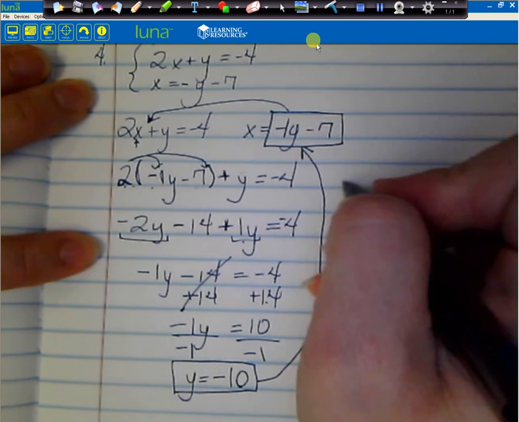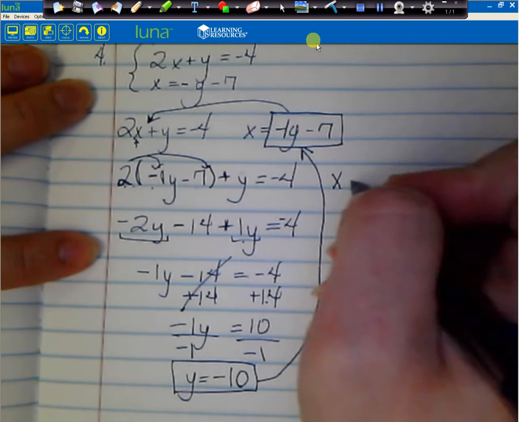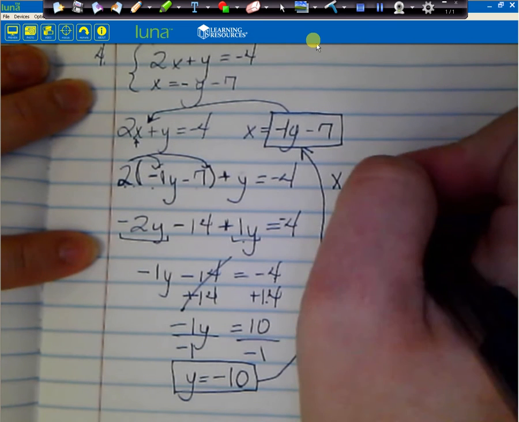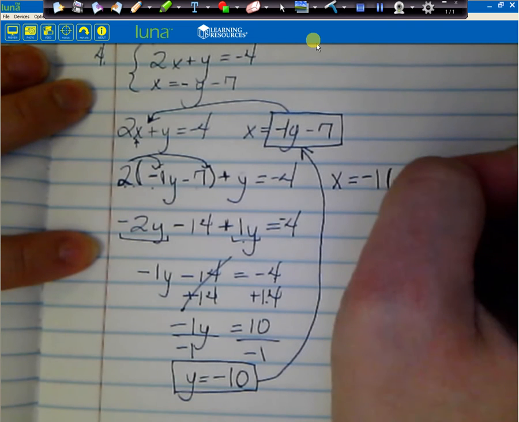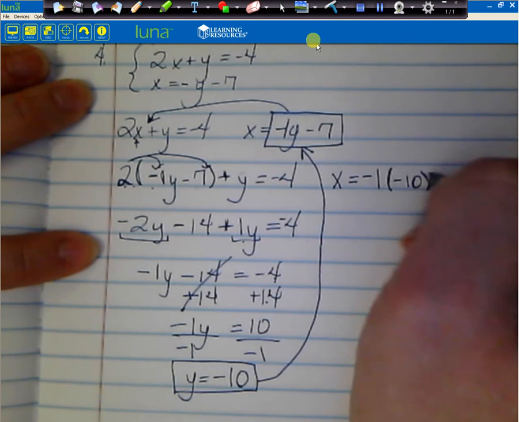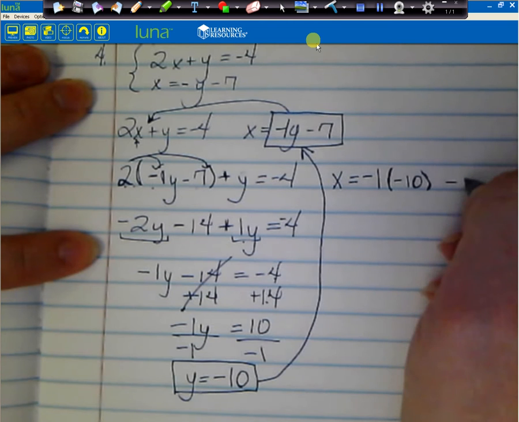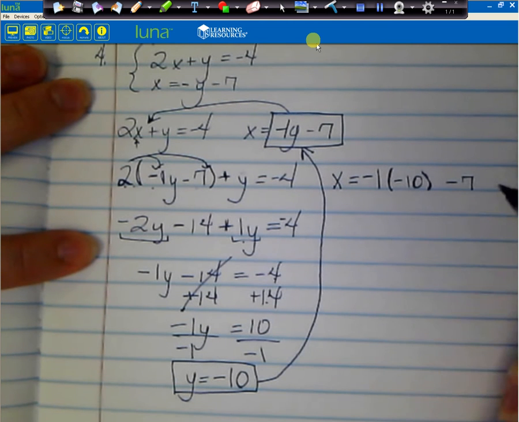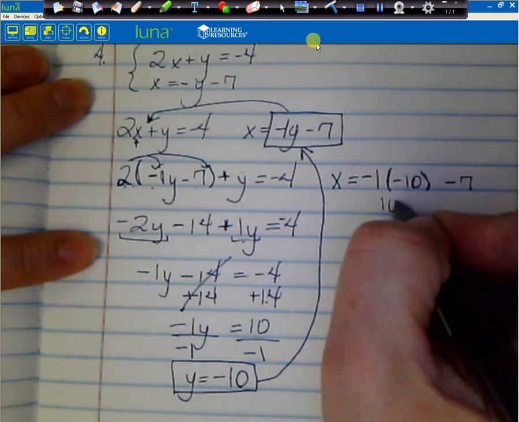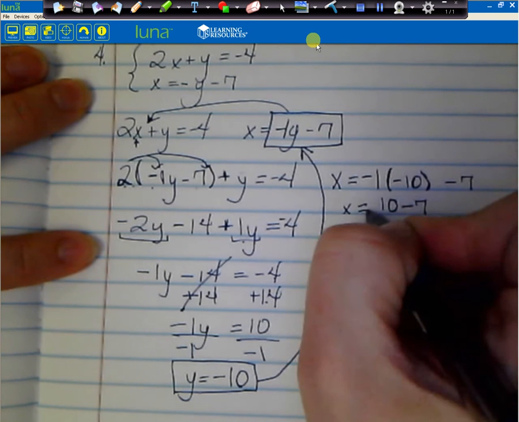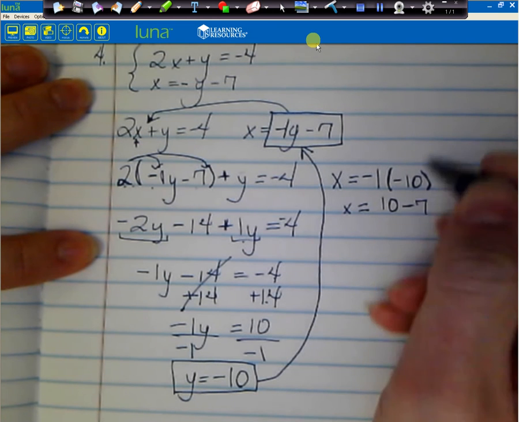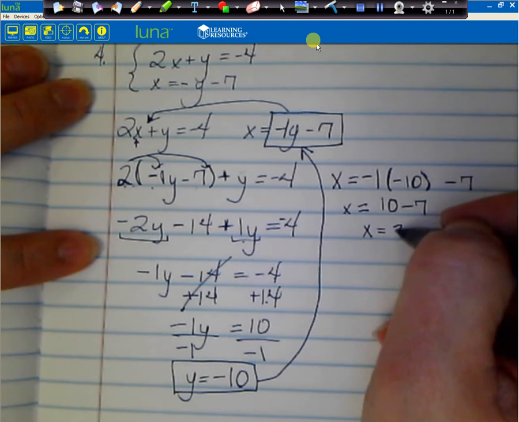So I'm going to say x equals, now again, there's a negative 1 in front of the y, so negative 1, and then for the y I'm plugging in my negative 10, so negative 1 times negative 10 minus 7. Negative 1 times negative 10 gives me positive 10 minus 7, so x equals 10 minus 7, x equals 3.